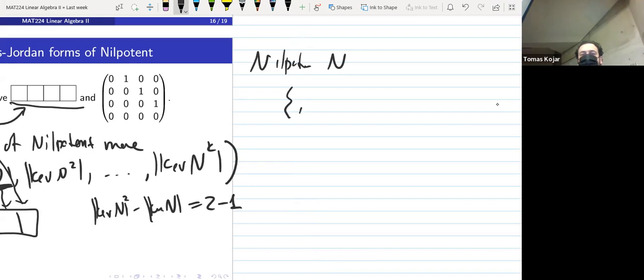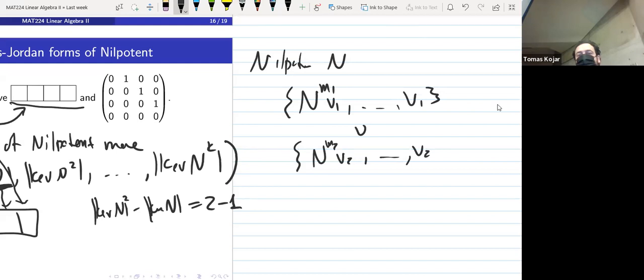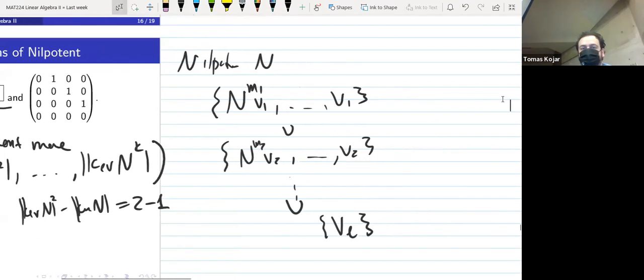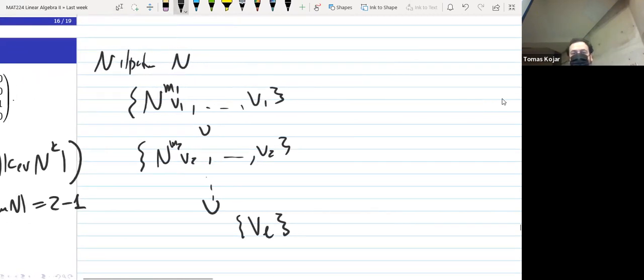So we have this basis of n^m1 v1 ... v1 union n^m2 v2 and so on down to, let's say, vl. These were your cycles, and each of the cycles we put in the tableau, right?